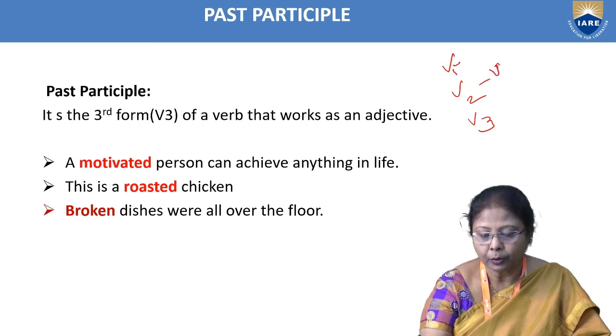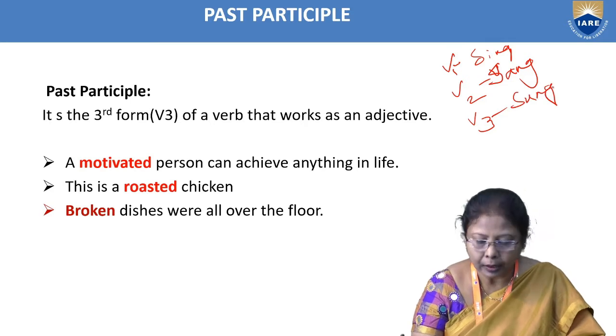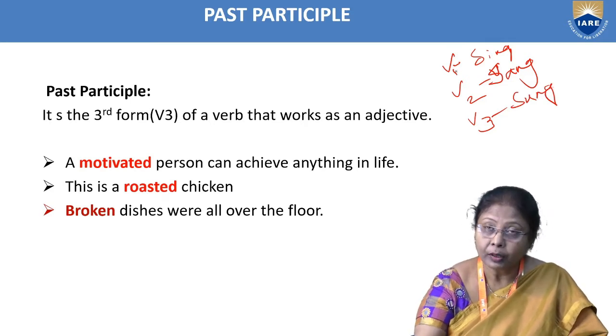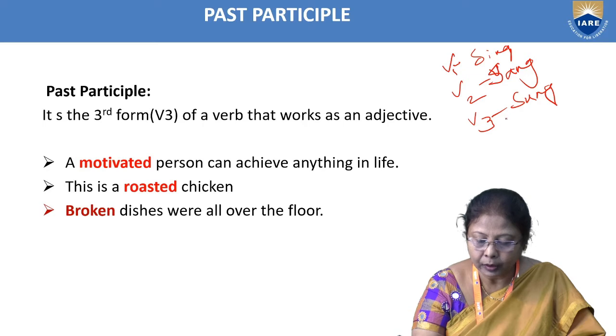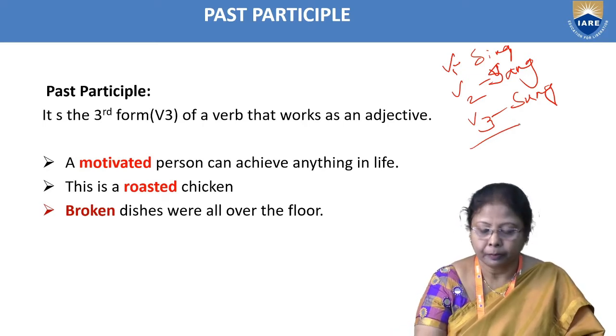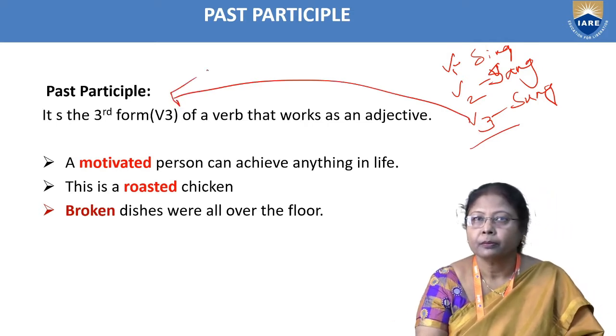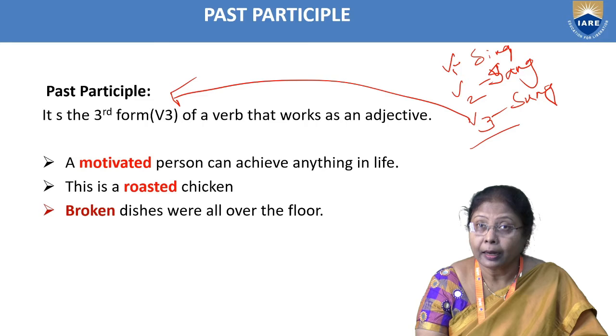Sang is V2. And sung is V3. So these are the V1, V2 and V3 forms. V3 is a past participle, which acts as an adjective.